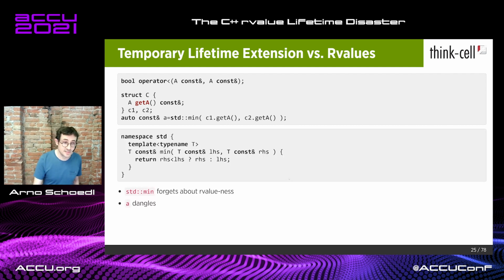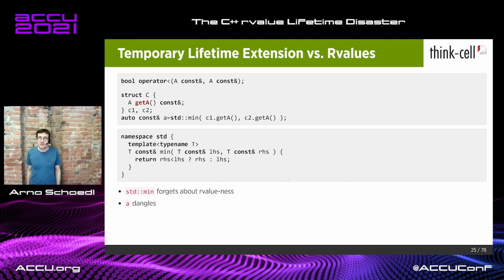Let's look at the implementation of minimum in the standard. And as you can see, it takes two lvalue references and returns one of them. And unfortunately, this minimum function kind of forgets about what kind of thing it is getting.